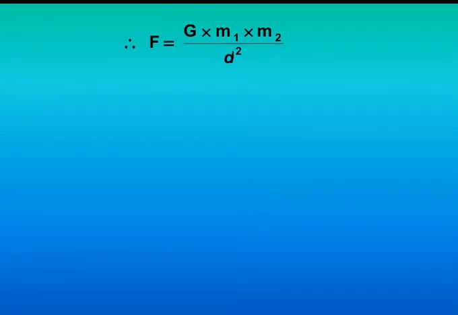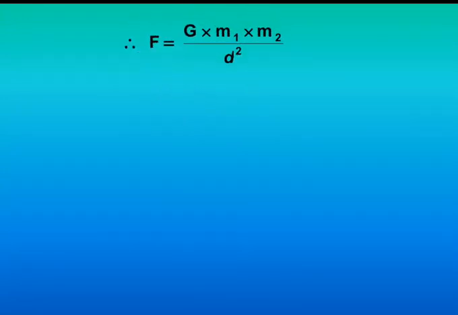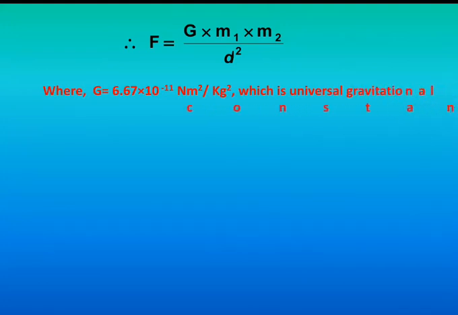Therefore, F equals capital G into M1 into M2 upon D square, where capital G equals 6.67 into 10 to the power minus 11 Newton meter square per kg square, which is universal gravitational constant.